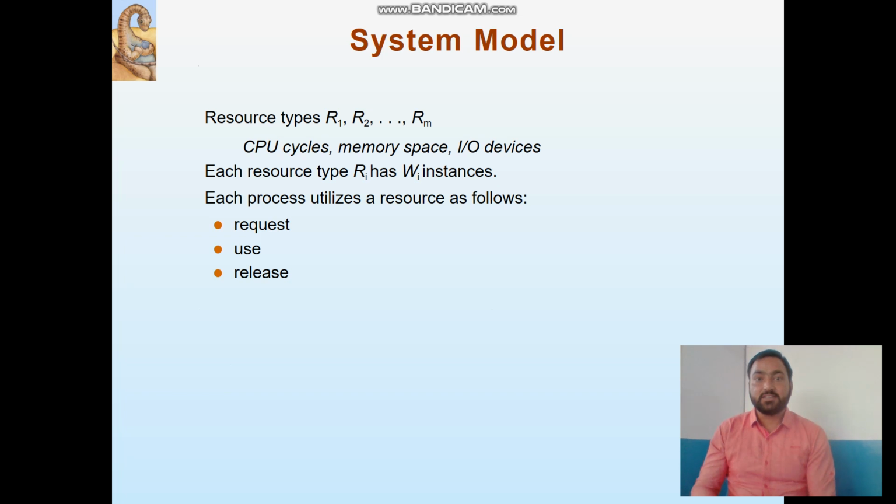After requesting a resource, it acquires control of the resource and uses it to complete its execution, and after completion the process releases the resource and the resource gets freed and can be used by other processes in the system.